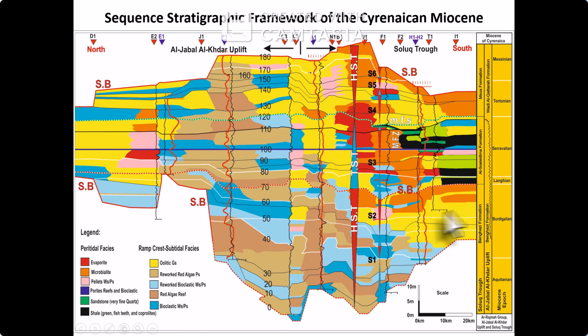And then the yellow color here represents oolitic grainstone, and then the red color represents evaporites, and then this orange color represents stromatolites. So the sequence shows progressive shallowing upward. This is the stratigraphic cross section of the Cyrenaica.